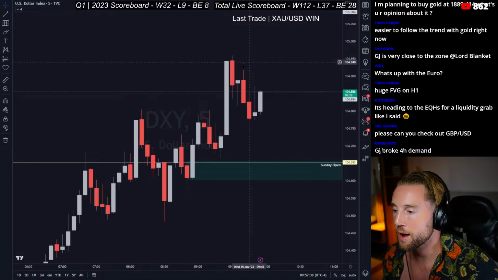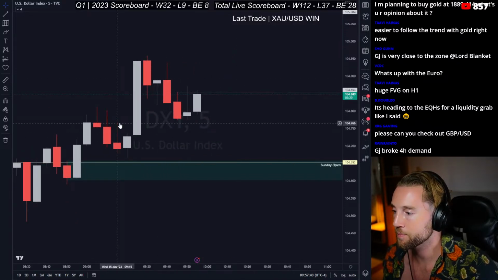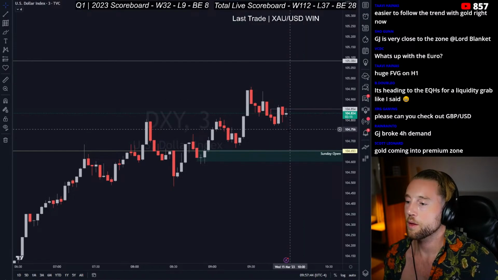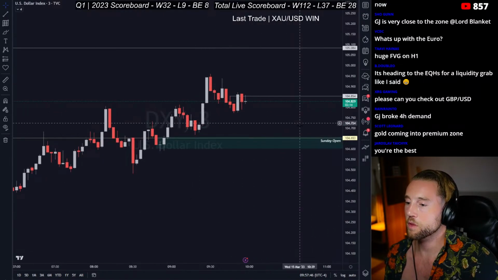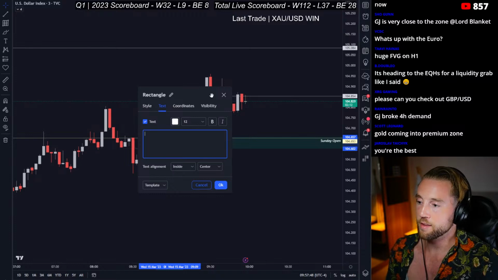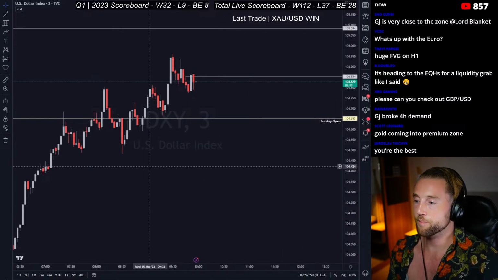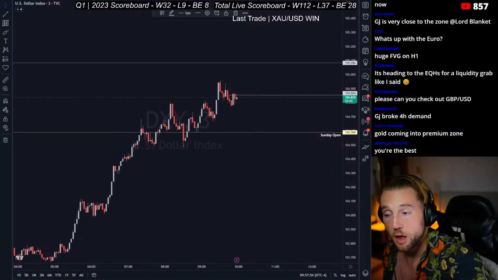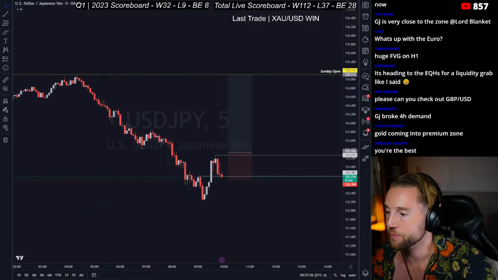Internally, you want to create a higher high and see from there. The only thing that's holding us right now is the Sunday open here. But that's it for now.